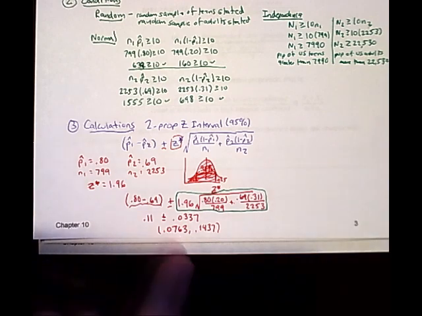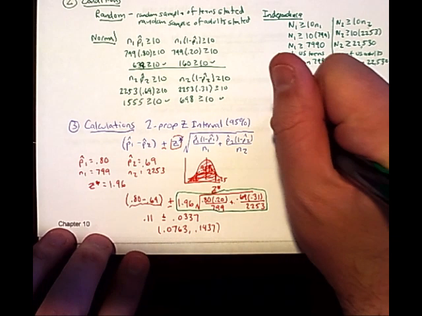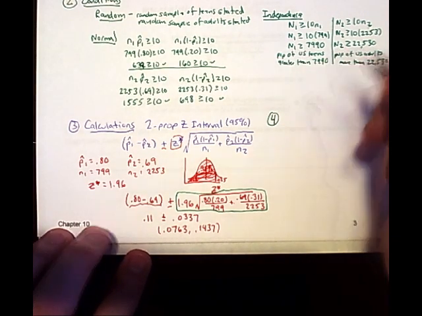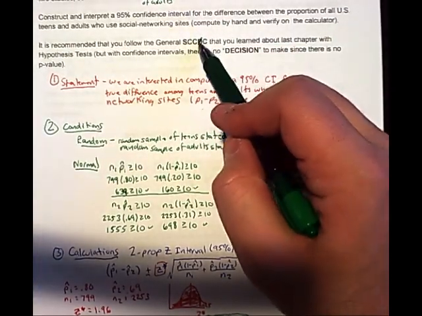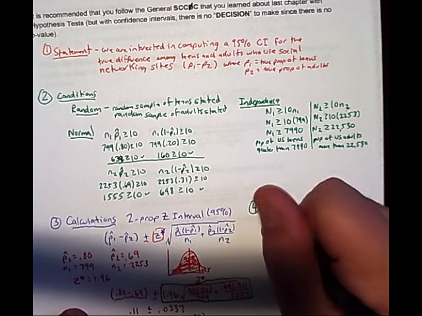So let's go ahead and write the conclusion now. Remember, in our steps, no decision with a confidence interval, straight to conclusion.